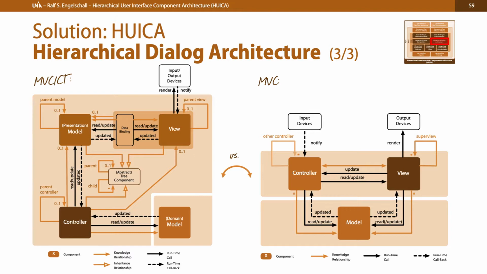We see that in model view controller component tree there's a data binding and a lot more things, including the fact that both the view, model and controller all have this notion of the parent controller, parent model and parent view. In this way they know about the hierarchy. Finally, in contrast to model view controller, in model view controller component tree, input and output devices are all located just at the view component, and this way the view component actually can play the role of a so-called negligible view.